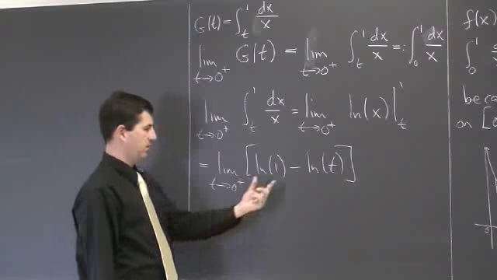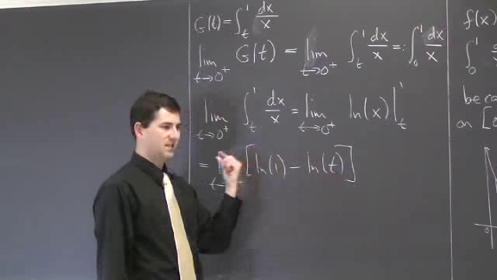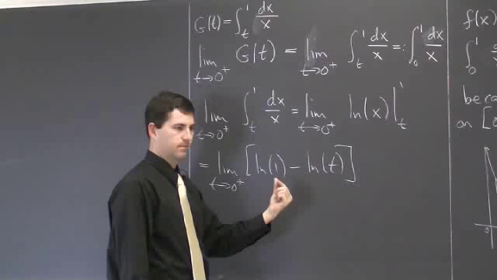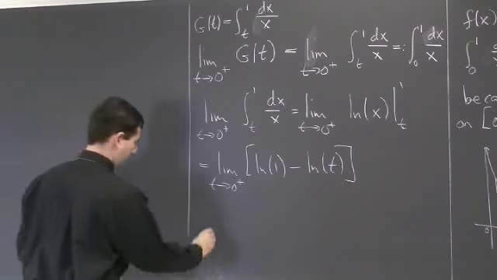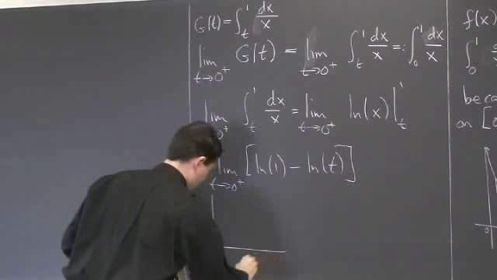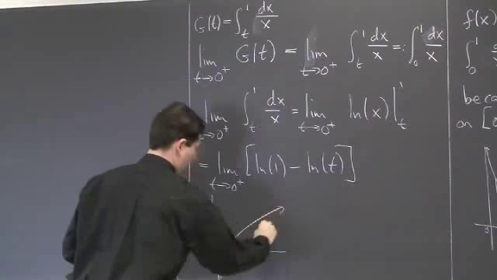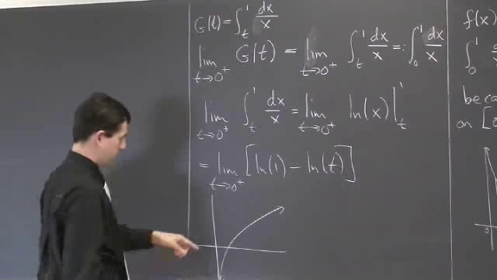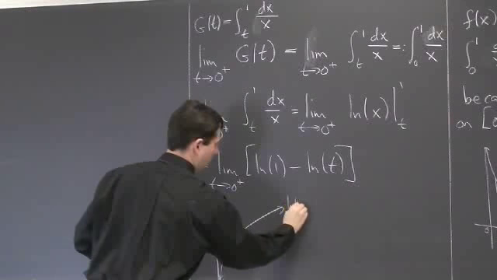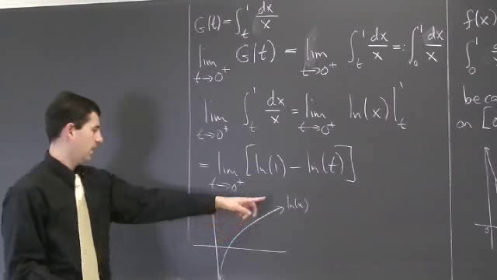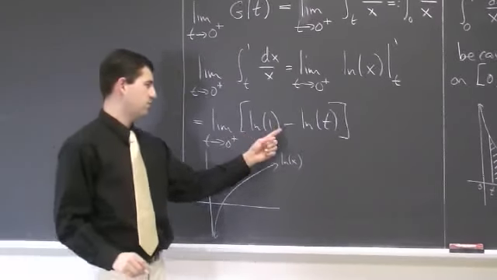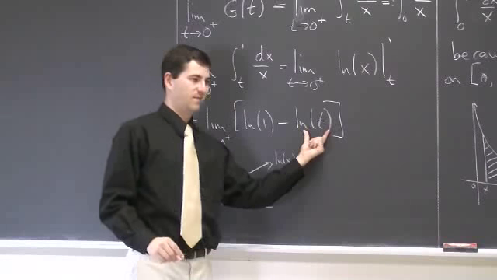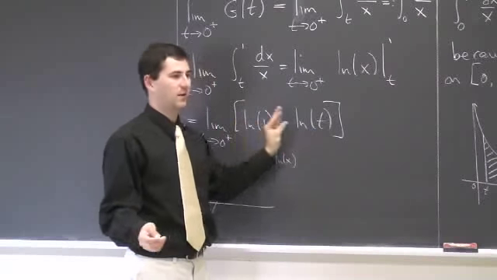Now what happens to ln of t as t goes to 0? Let's draw our graph. So this is ln of x. As x goes to 0, it goes to negative infinity. So this is just going to go to minus negative infinity, so this is going to infinity.